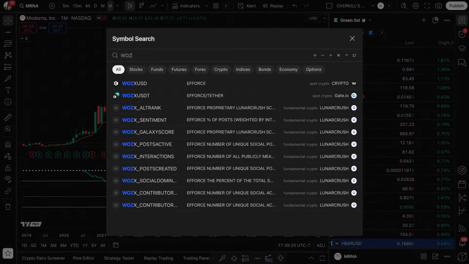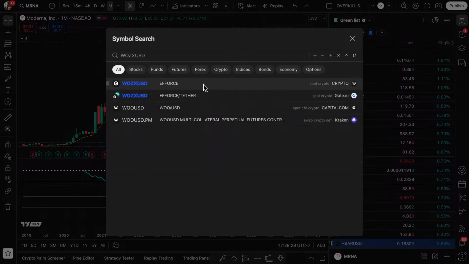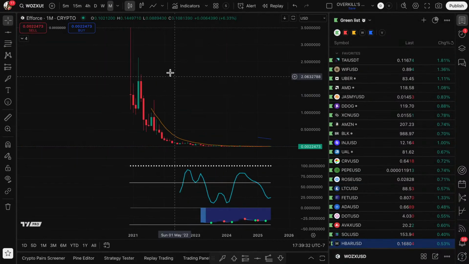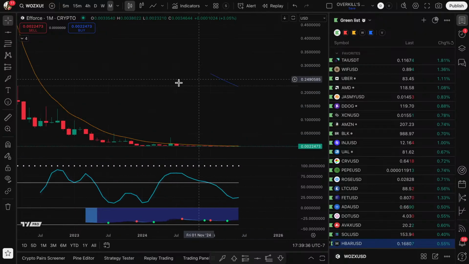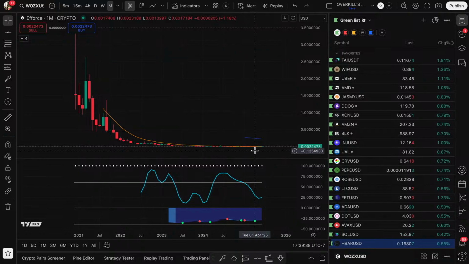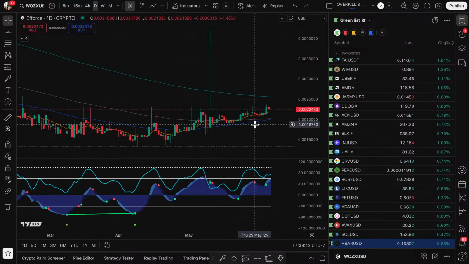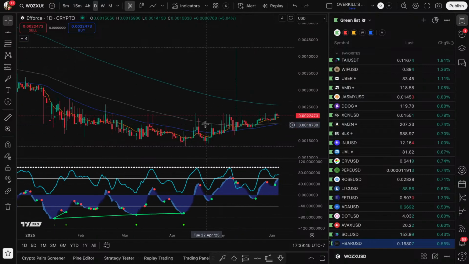WOZX. Looks like a crypto. Haven't heard of this one. Ugly, man. This would be more of a fundamental play than anything. Chart's going down and to the right. No volume, no nothing. I mean, it's kind of breaking up above the 50 here, but there's just no volume in it.